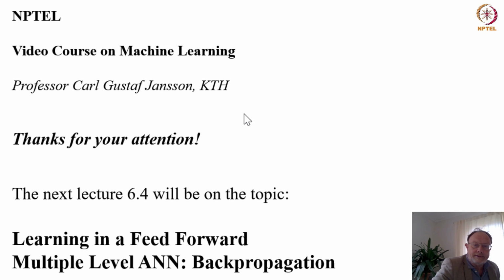We had a look at the mechanism of a single neuron and how weight updates can take place considering only a single neuron. In the next lecture, we will look at the full multi-layer case, and the learning mechanism in that case is backpropagation.